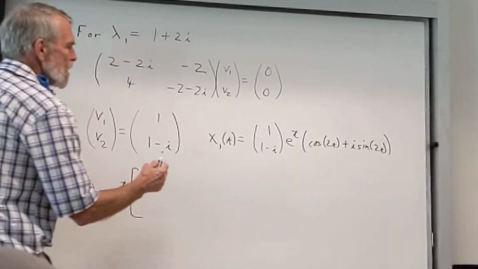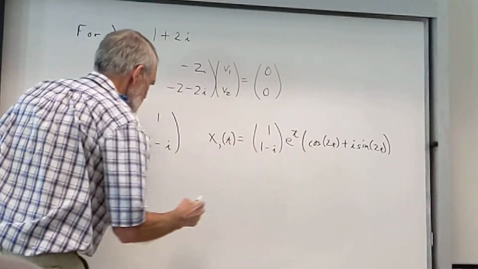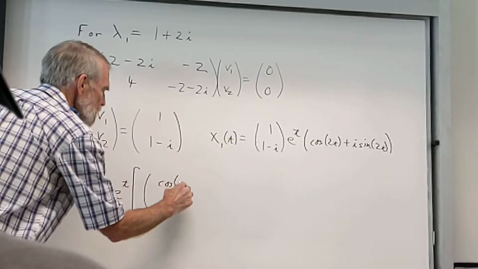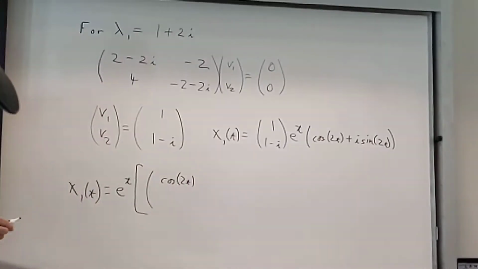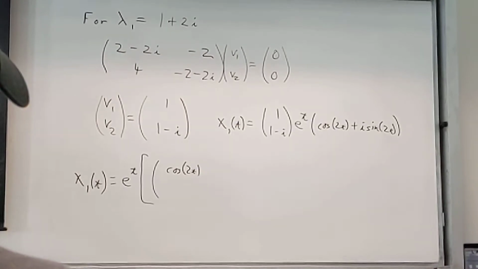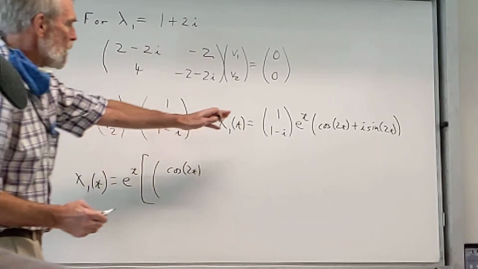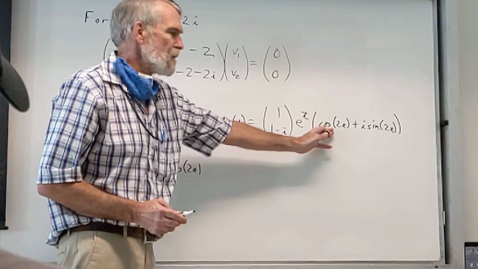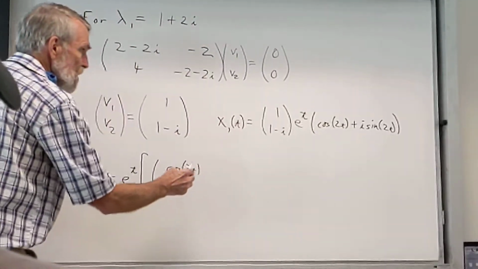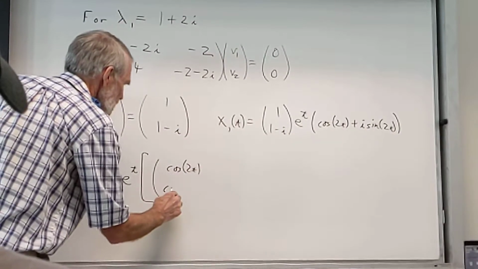The real part gives us what up here? Cosine 2t, right? How else do I get real part down? Well, for the first one, that's all I get. From the second one, the i cancels out, and you can see that I get a cosine 2t.